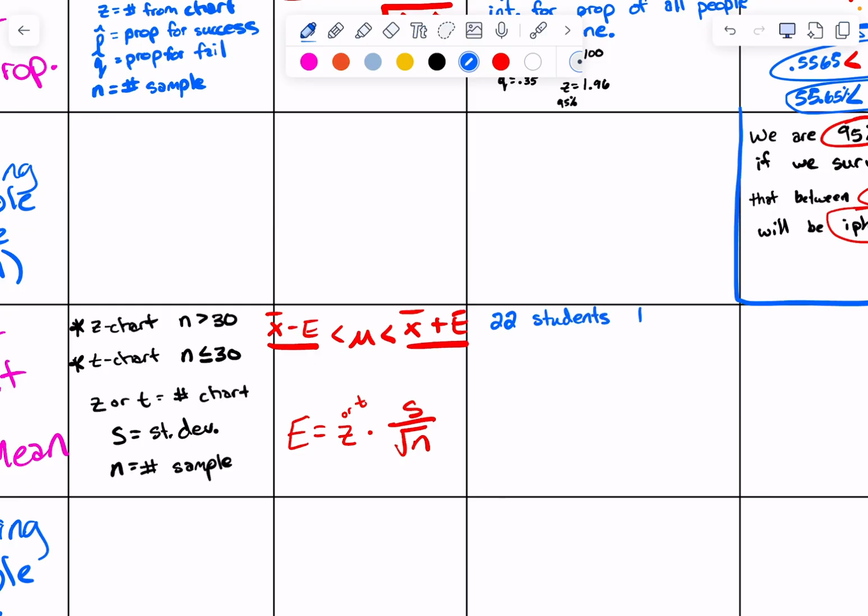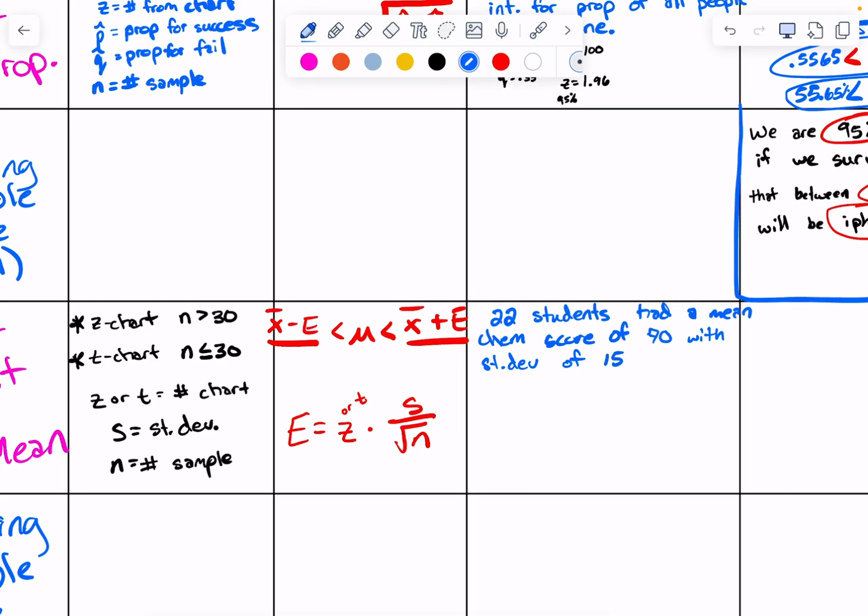Students had a mean chem score of how much? Let's say 70, with a standard deviation of 15, because you have some people that get up there, but then some people that get really low too.